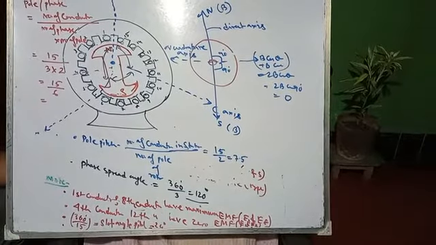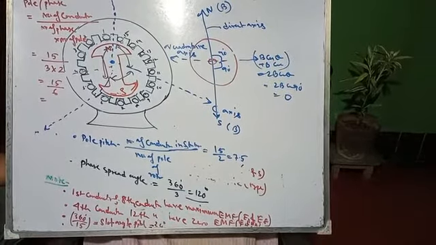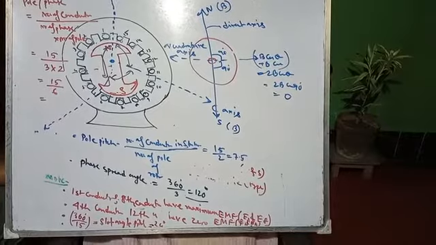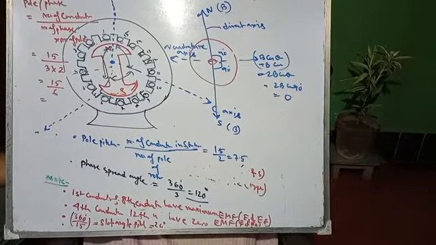For double layer winding, there are two types of windings we know: the first one is single layer winding, and the second one is double layer winding.